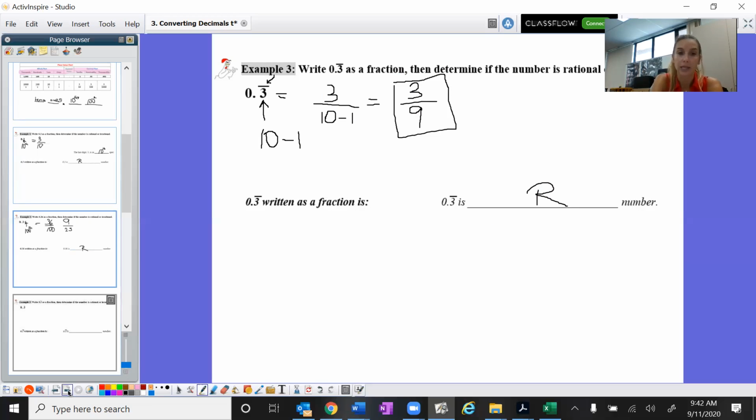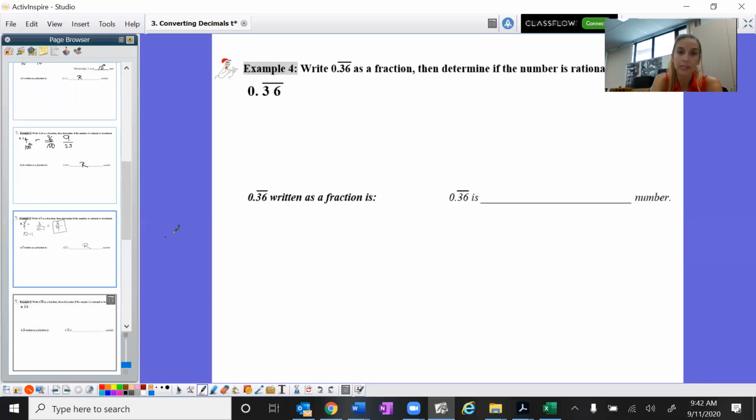Let's look at the next example. Example 4. Let's convert this into a fraction. 0.36, and that 36 has a line above it. That tells me the next digits are 36, 36, 36. It's repeating, so I know it's a rational number. And again, the number is never going to become its full potential. So I'm going to look at the last digit, which is the 6.